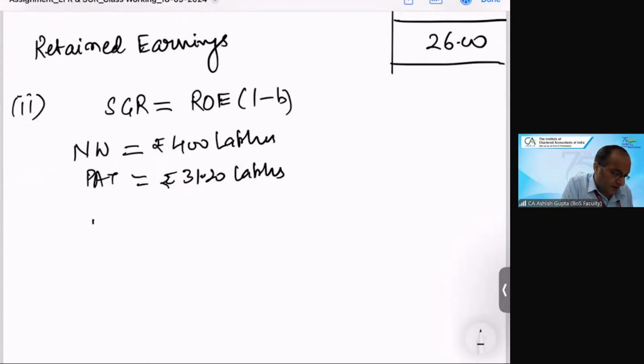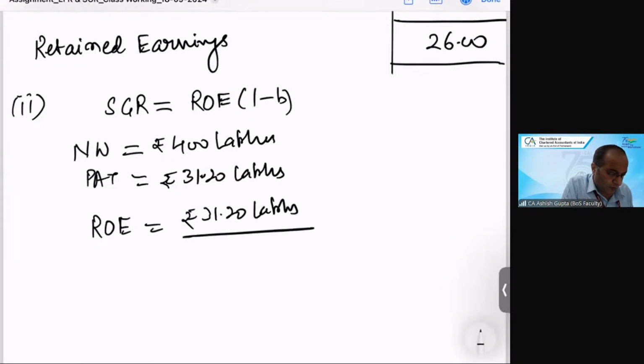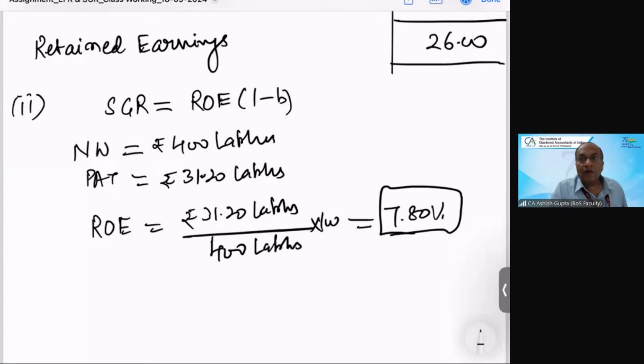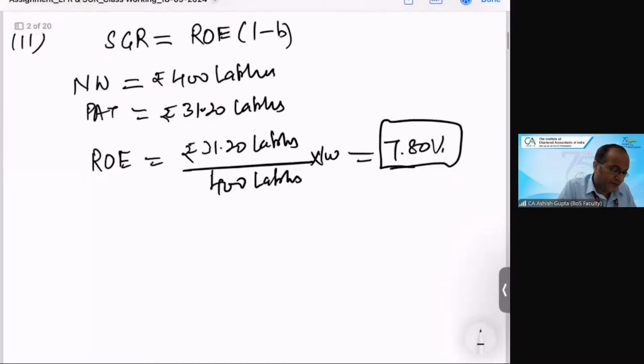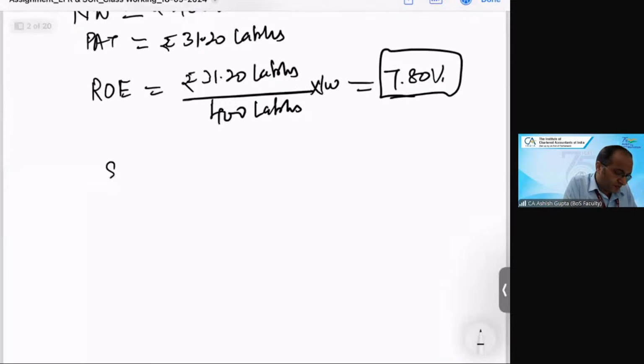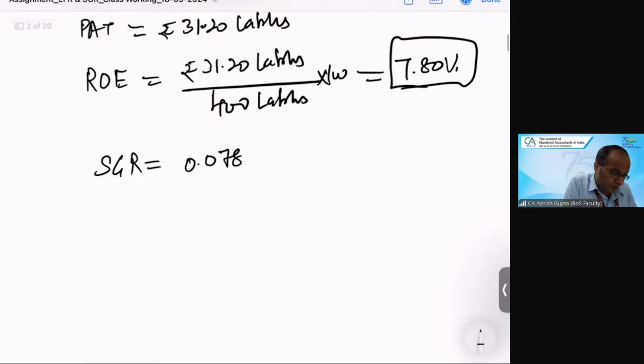Accordingly, my ROE will be computed. Now I have computed my ROE, and what I will do is multiply it with 1 minus the dividend payout ratio.